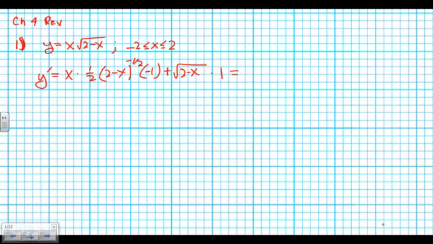See if I can clean that up a little bit. I get a negative x on top, and I have 2 times the square root of 2 minus x, plus root 2 minus x on top for that second term. Would you please check to see if I made any calculus or algebraic mistakes?